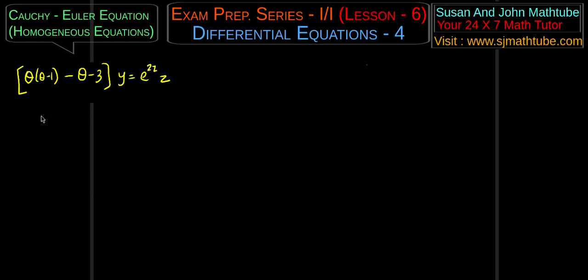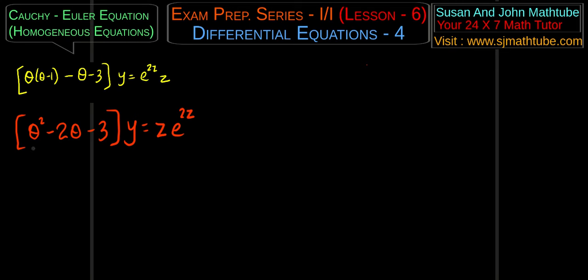Okay, now let's focus on this. Just imagine theta is our D. We learned in type 1, type 2, type 3, type 4, we had capital D, right? That is our theta. Now simplify this, you get theta square minus 2 theta minus 3 of y equal to z into e power 2z.